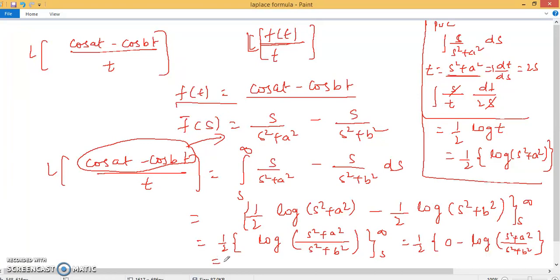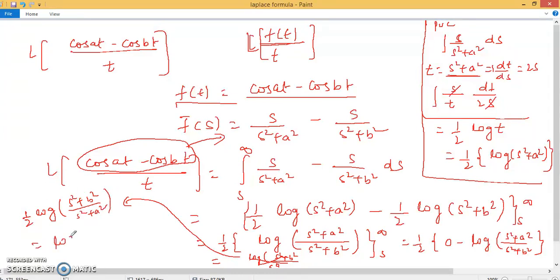After that we can reverse it, because minus is there, and we get 1 by 2 into log of s square plus b square by s square plus a square. Further, if you want to simplify, you can write it as log of the square root of s square plus b square by s square plus a square. So this is the Laplace transform of cos at minus cos bt by t.